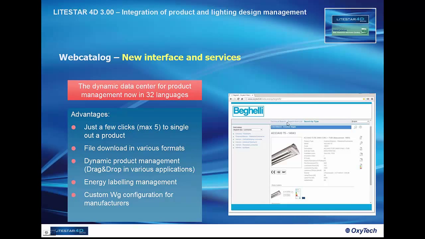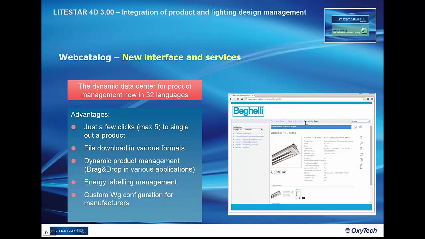So wherever you are, through the search engines supplied with the web catalog, you can come to the product sheet. You can see here exactly, in less than 5, maximum 4 clicks, depending on the search engine.